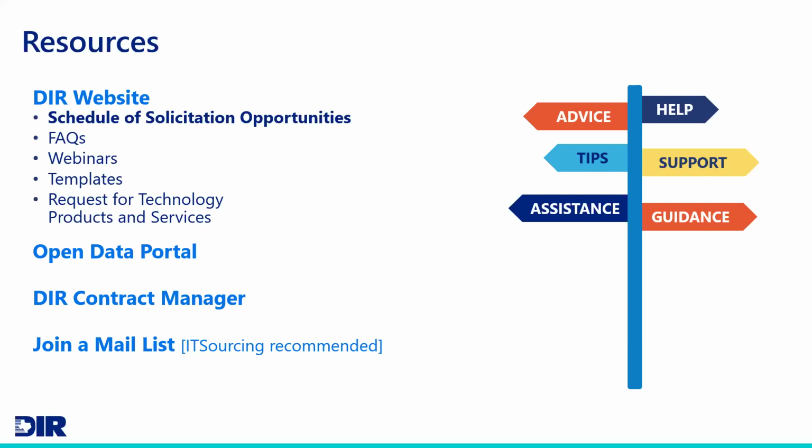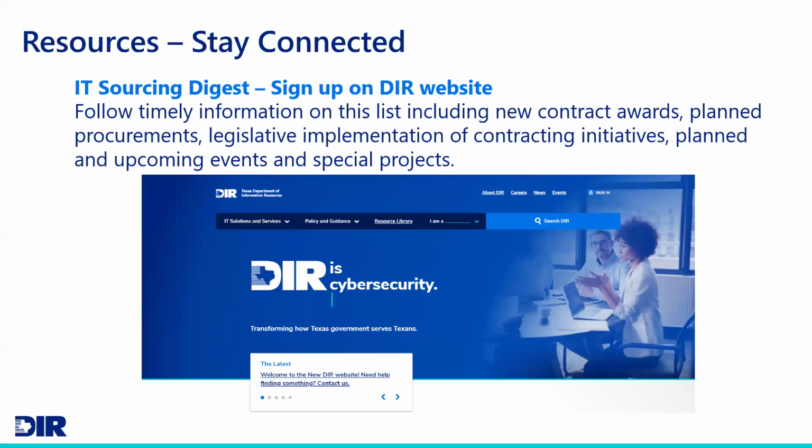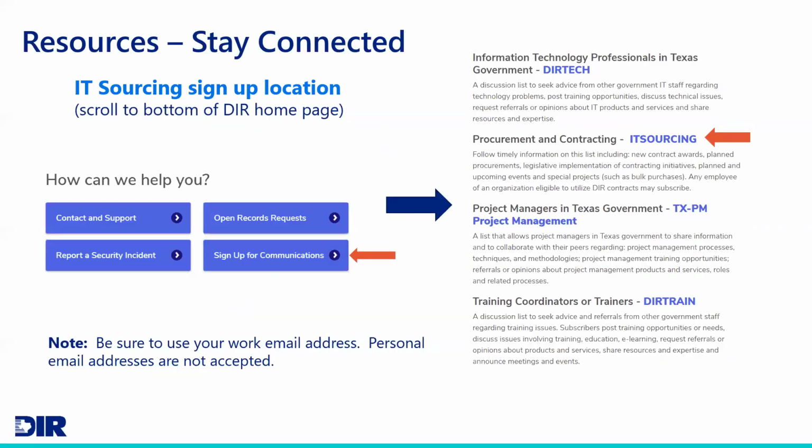We also invite you to join our mailing list, which is our IT Sourcing Digest. This is a weekly publication that goes to only our customers, talks about what new contracts have been awarded, what legislative things are going on, what contracts we've renewed, or have now expired or have terminated. And you can find that list on the DIR website by scrolling to the bottom of the homepage.